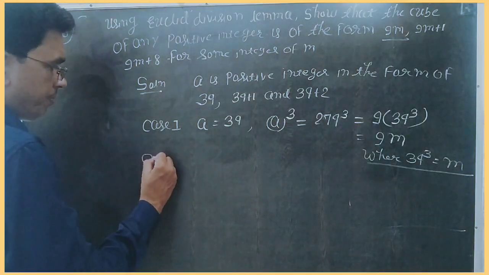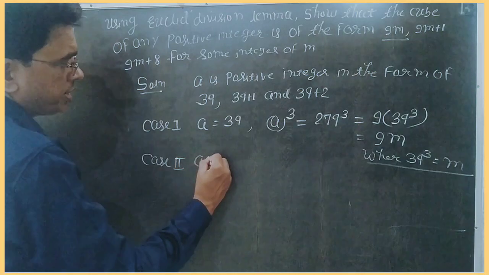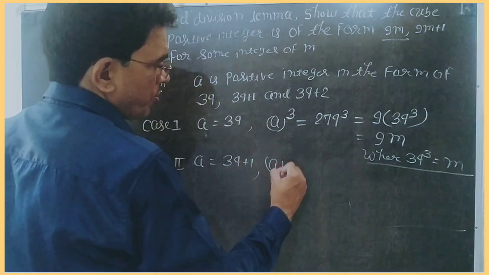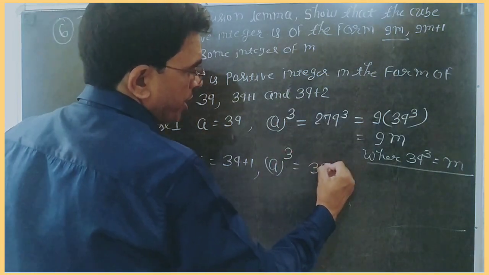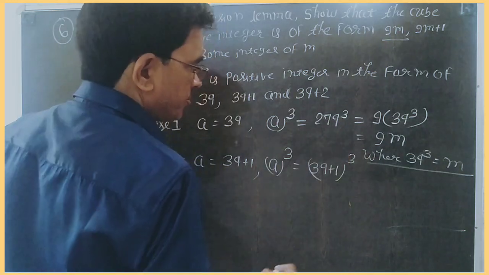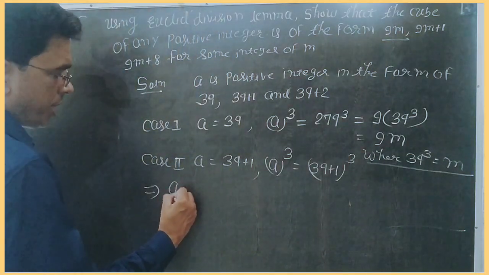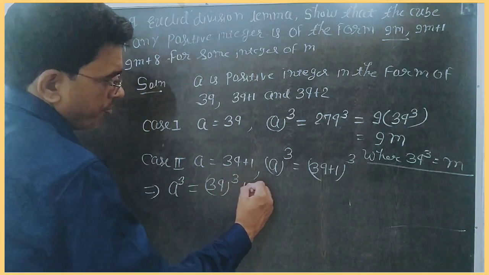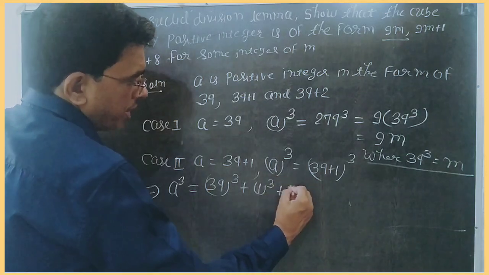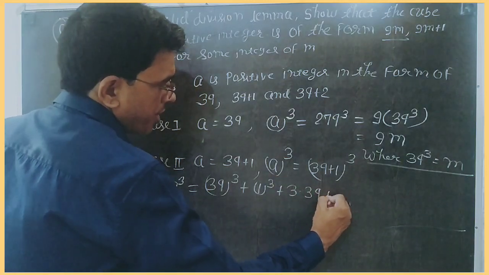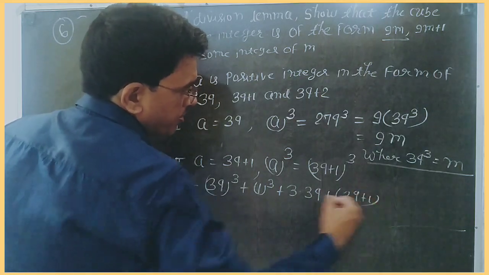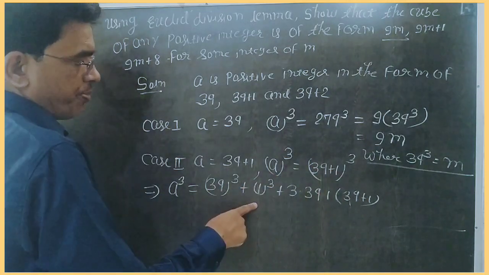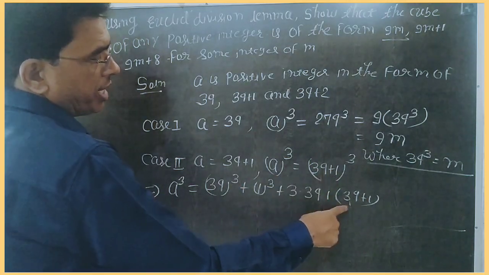Now case 2. A is equal to 3q plus 1. Again cubing, a cube is equal to (3q plus 1) whole cube. What do you get? You use the formula of (a plus b) whole cube, a cube plus b cube plus 3ab brackets a plus b.